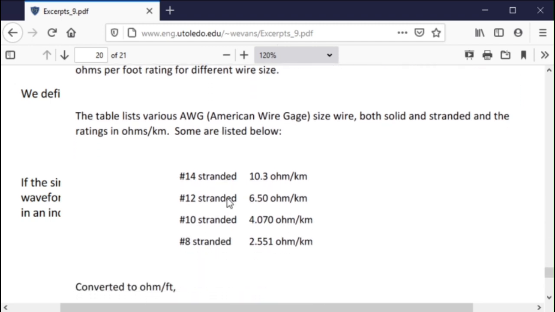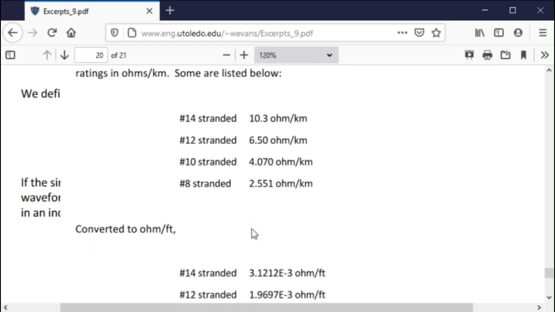So if you have a circuit that, let's say, you want to go 100 feet and you can't drop more than a certain number of volts, then you could calculate out the ohms per foot, and say, okay, if I go this many feet, the voltage will drop this amount, and if that's too much, then you have to go to a larger size wire.